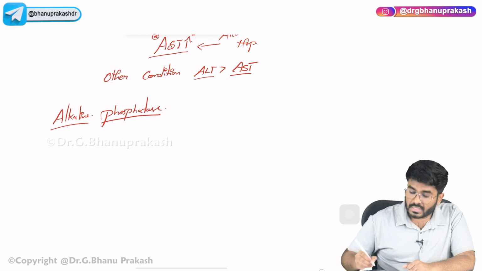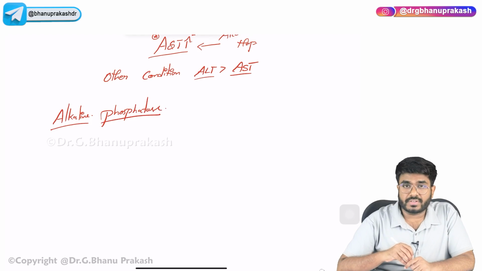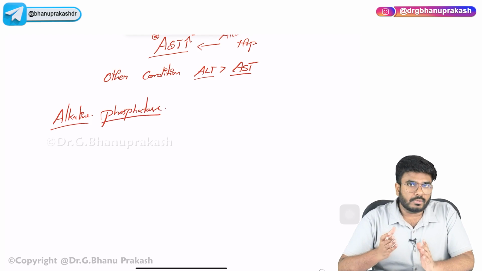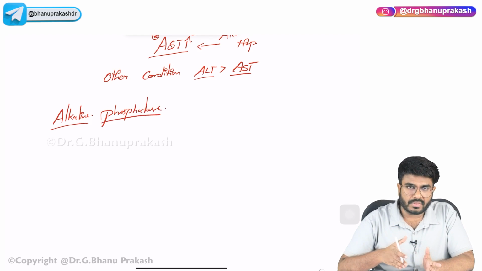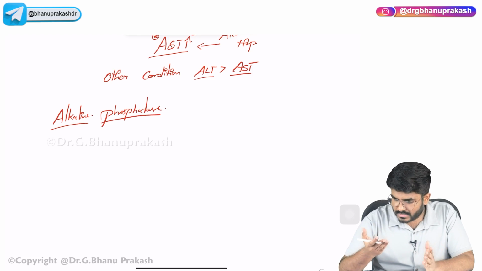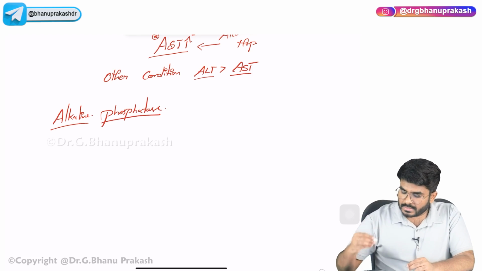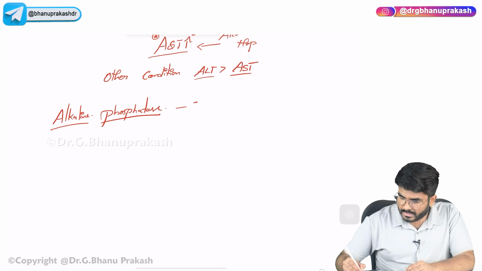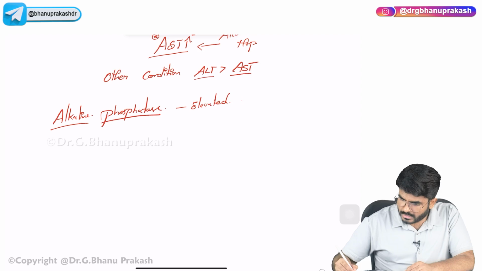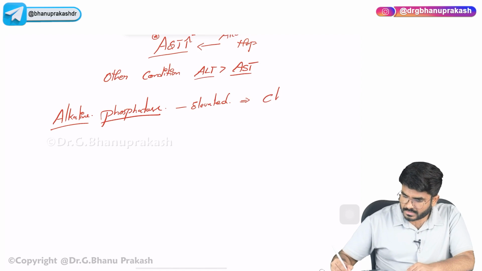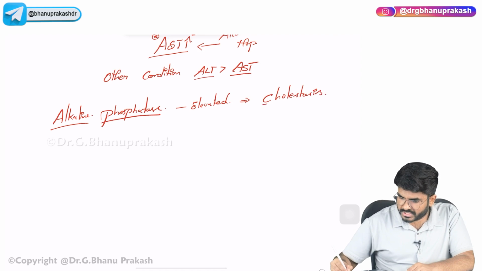What is the function of this alkaline phosphatase? It is secreted by the cells which are lining the bile ducts. The alkaline phosphatase levels are elevated in cholestasis.